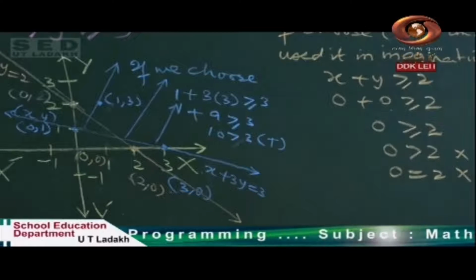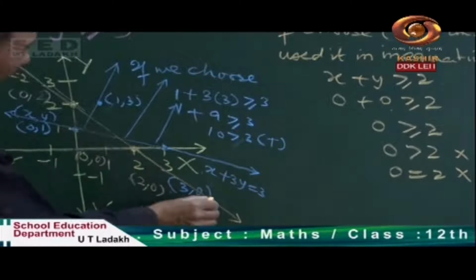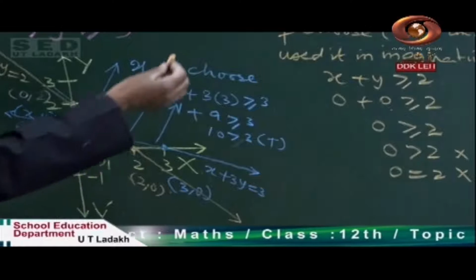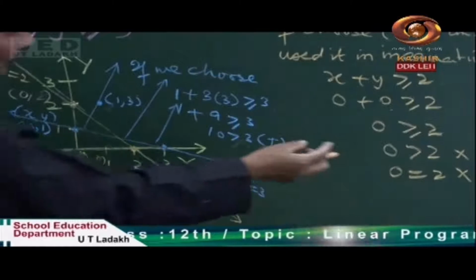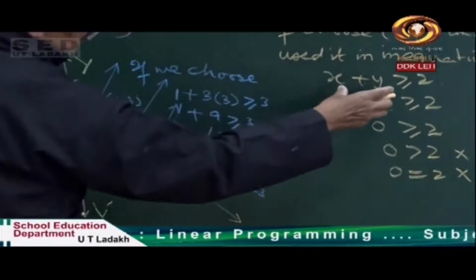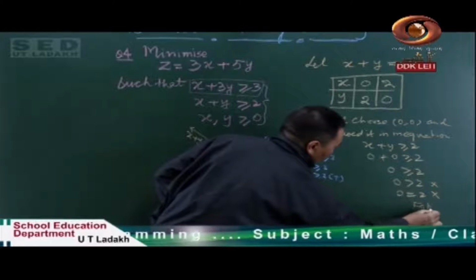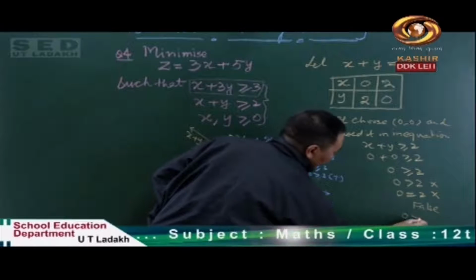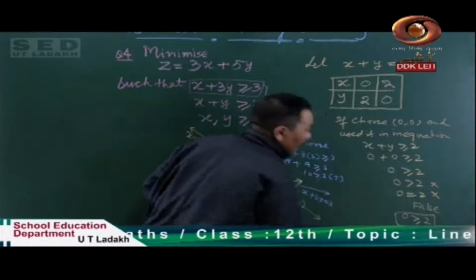Do you understand? The solution region of this line will be away from the origin, because I chose this point and it is not satisfying this inequation, because this is false. 0 is greater than or equal to 2 is false.